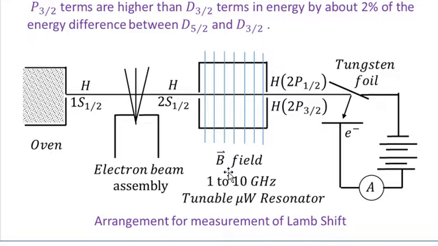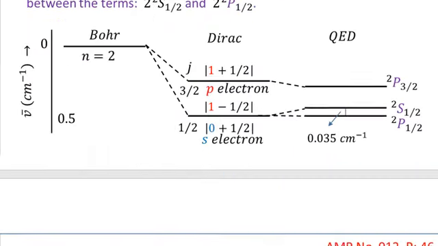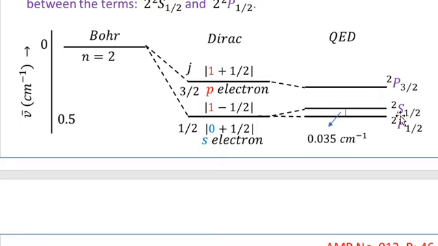Now the question is, what is the purpose of the B field? The B field finally sets the separation between the two levels. For example, you can see these two levels over here, the 2s1/2 level and the 2p1/2 level.